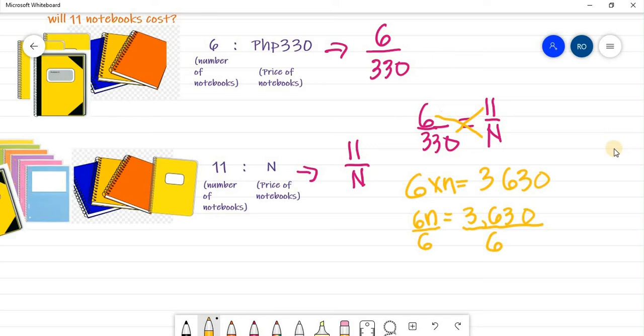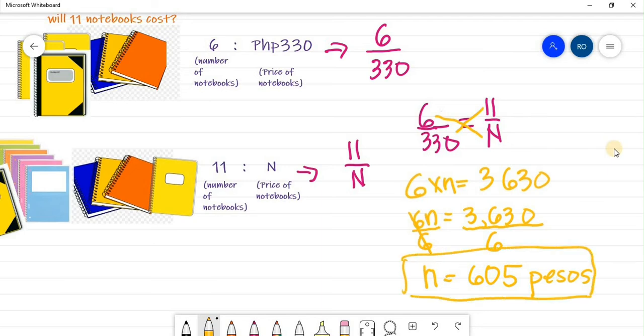We cancel this one, so the remaining will be n, and 3,630 divided by 6 is 605. So therefore the cost of 11 notebooks is 605 pesos. So we were able to find the answer using the cross product.